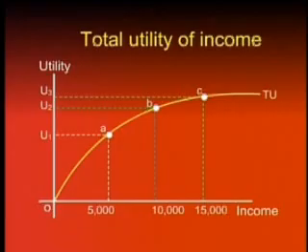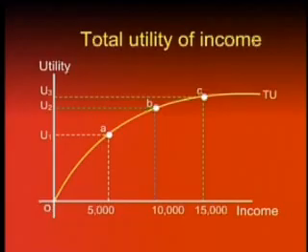Now assume that your income is rupees 10,000 and that you are offered a chance to play a 50-50 game worth rupees 5,000. That is, you lose 5,000 with a 50% probability and you gain 5,000 with a 50% probability. So effectively, you have an equal chance of your income rising to rupees 15,000 or falling to rupees 5,000. Now, at an income of rupees 10,000, your total utility is U2.